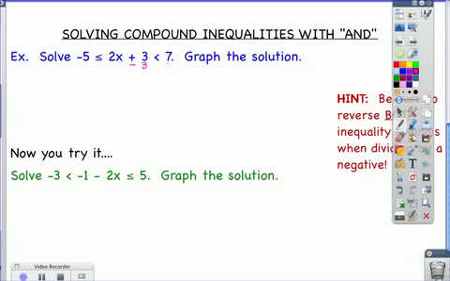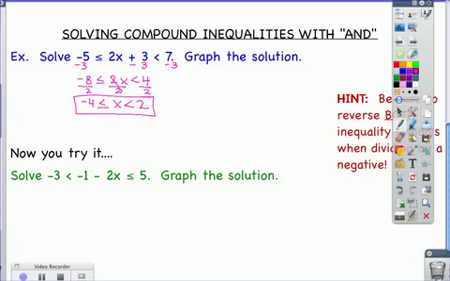We include the negative 4, so it's a solid circle. We don't include the 2, so it's an open circle. And the solutions fall between negative 4 and 2, our sandwich.